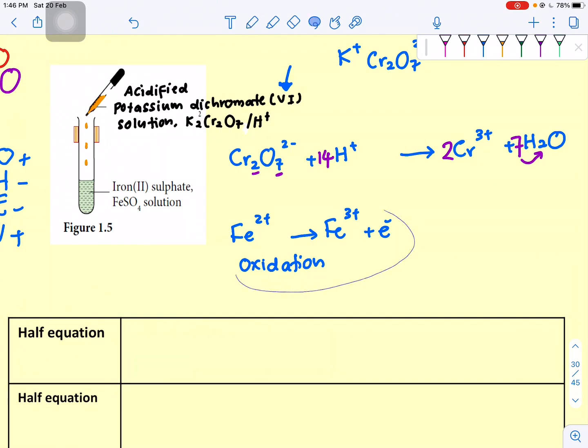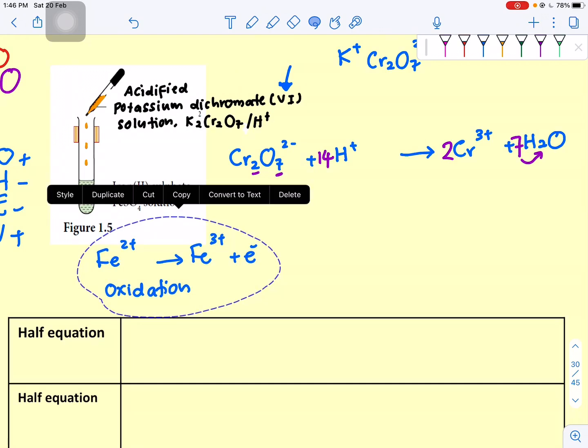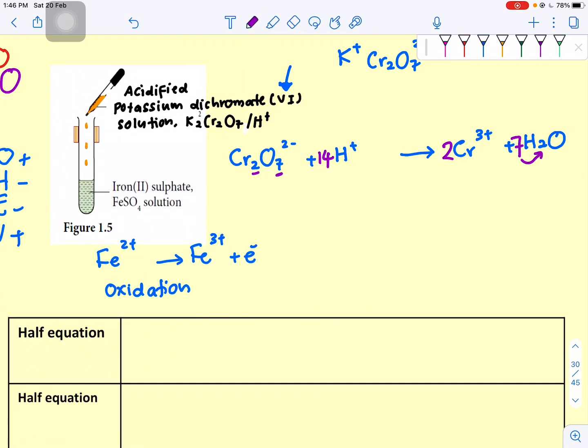Now it's time untuk kita balancekan charge. Sama macam tadi. Okay, this is negative 2 plus with this one is positive 14. This is on our left side. So total dia berapa? Total dia adalah positive 12. On the right side, kita ada 2 times 3 is positive 6 plus with 0.